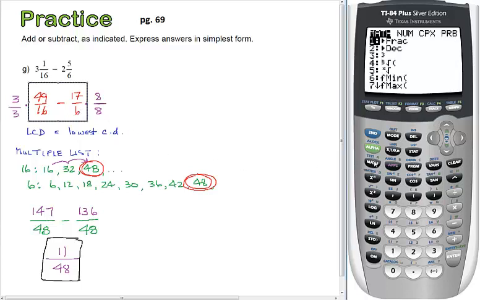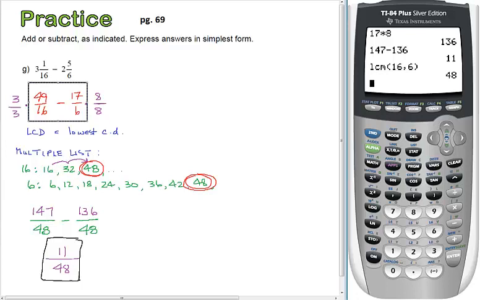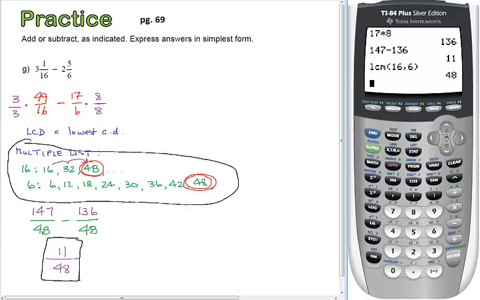So math, go across to number 8, LCM, lowest common multiple, lowest common denominator, same thing, 16 comma 6, and it would have generated it for you. So if you wanted to skip the multiple list step, you don't have to do that if you're using the calculator to find the lowest common denominator.